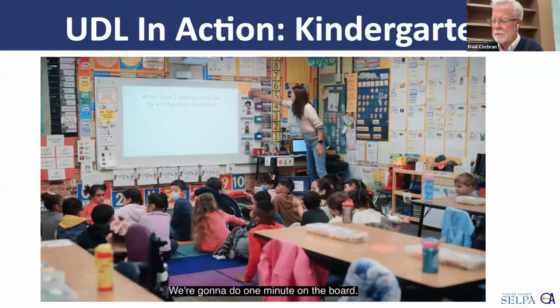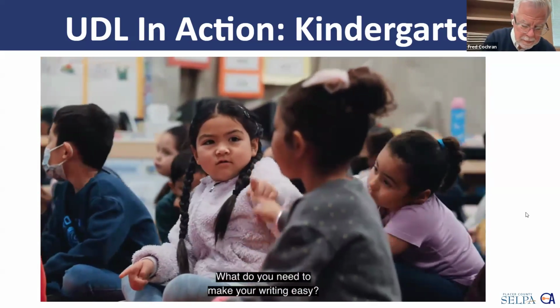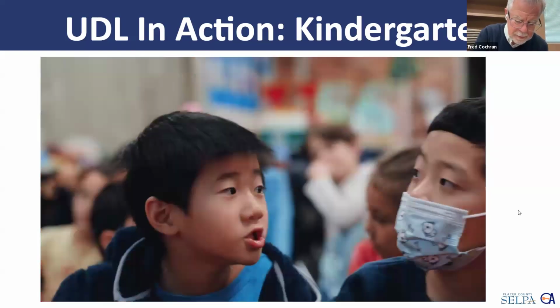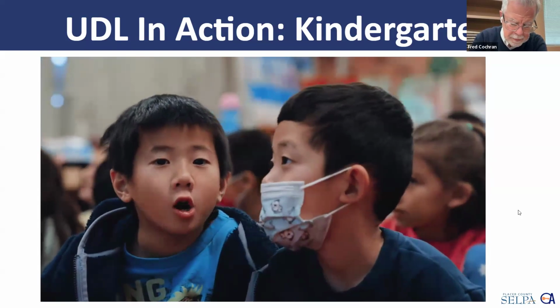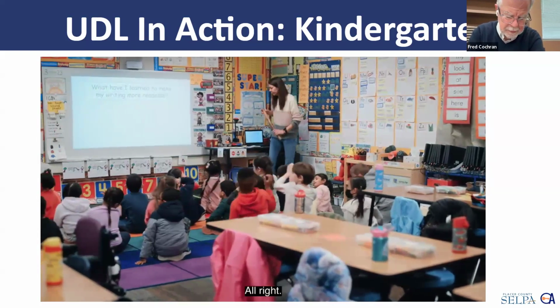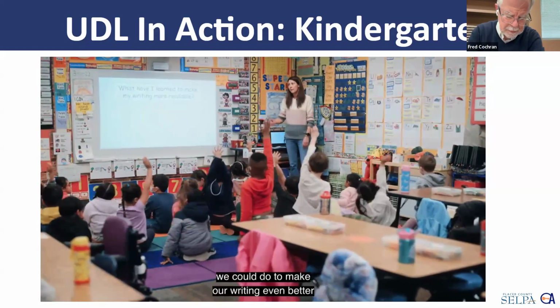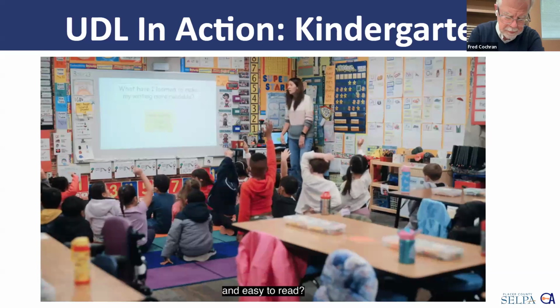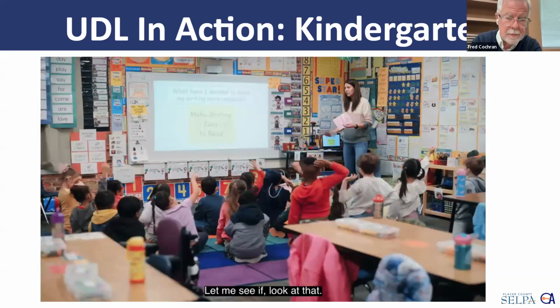All right, ready? We're going to do 1 minute on the board. Turn and talk. What do you need to make your writing easy? Go ahead. All right, who thinks they can share with the group what we can do to make our writing even better and easy to read? A dot to end our thought? Let me see, look at that, Lily.